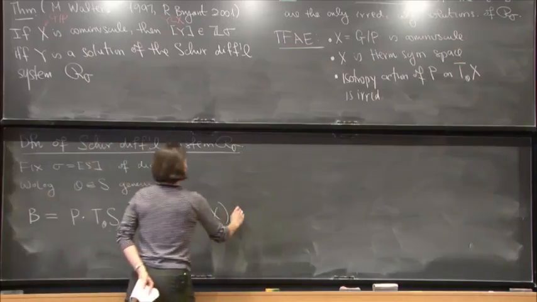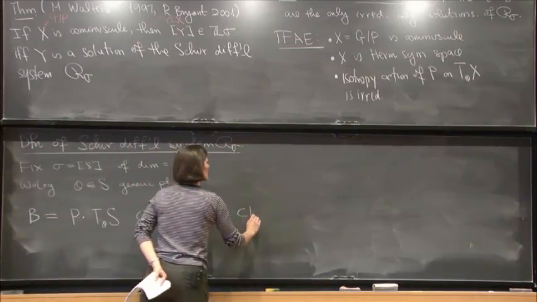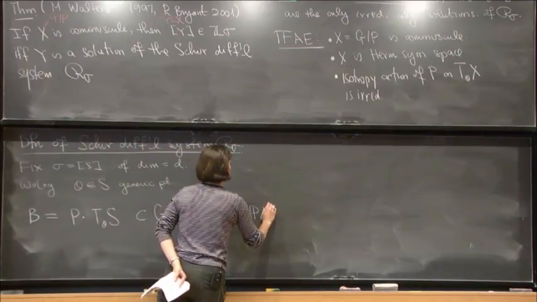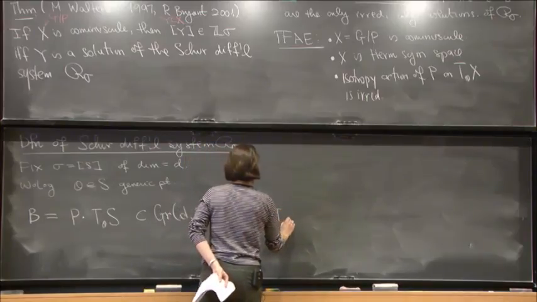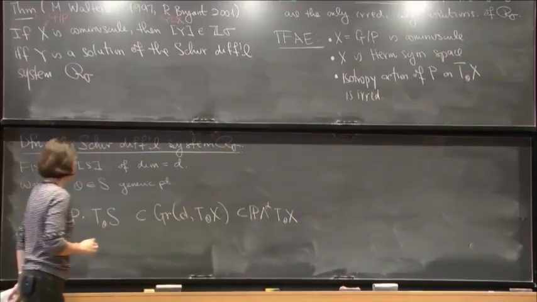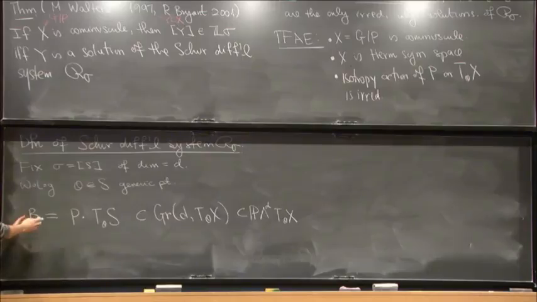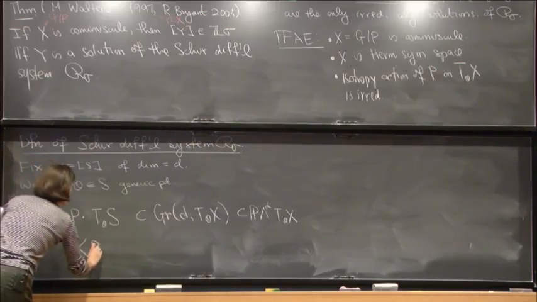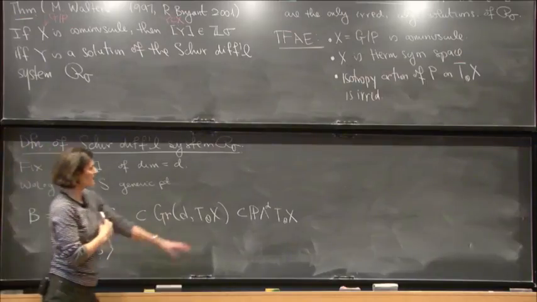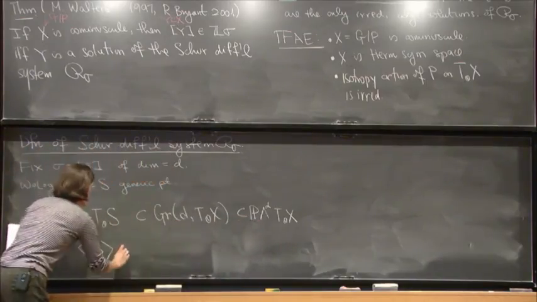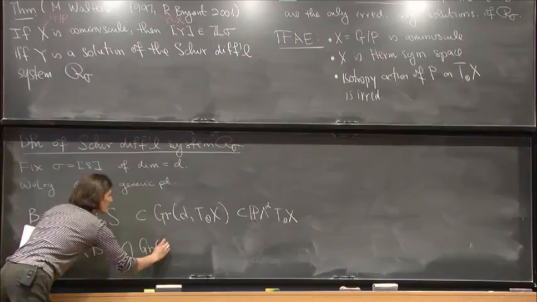Now think about this Grassmannian as sitting inside a projective space by the Plücker embedding. Then you can take the projective linear span of this object inside this space, and re-intersect with the Grassmannian.